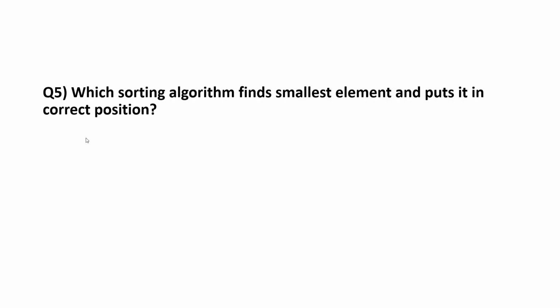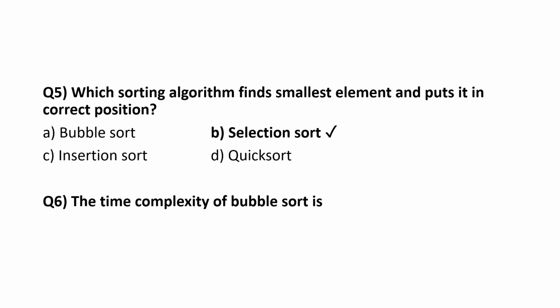The next question is: which sorting algorithm finds the smallest element and puts it in the correct position? That is, the smallest element it finds every time is selection sort. In bubble sort, the largest element will be placed at the end in the first pass.